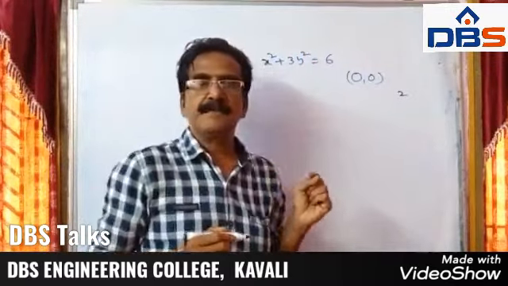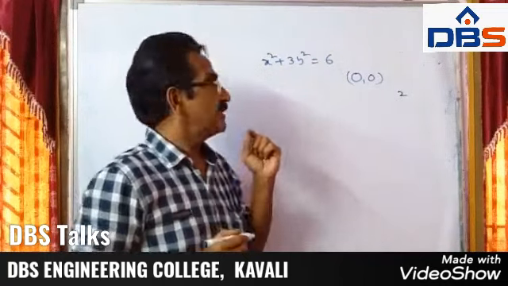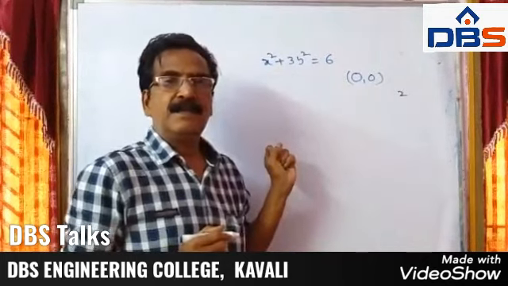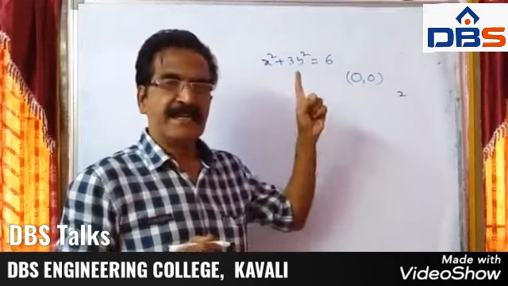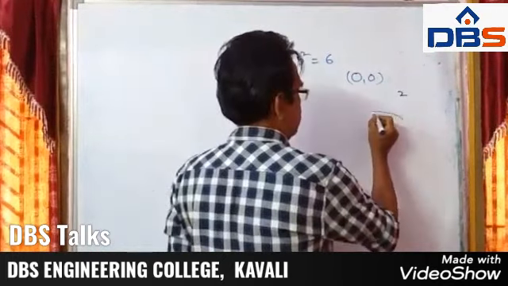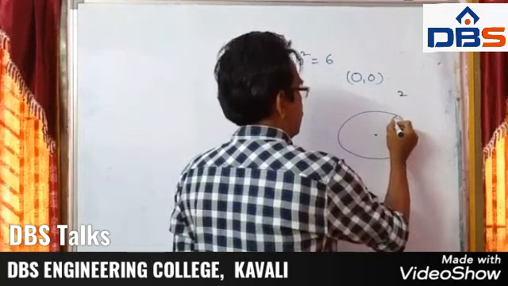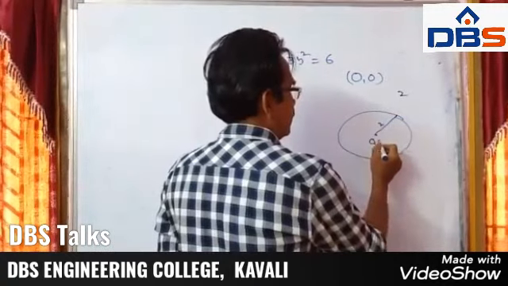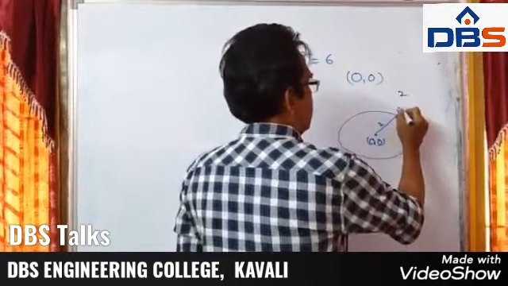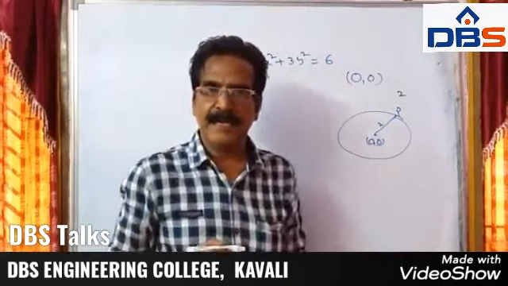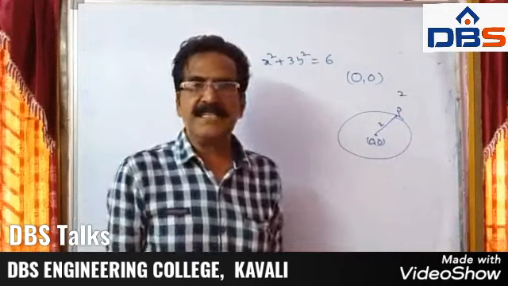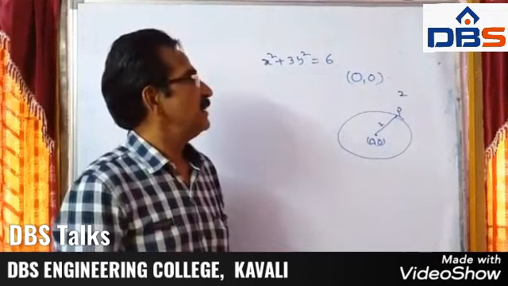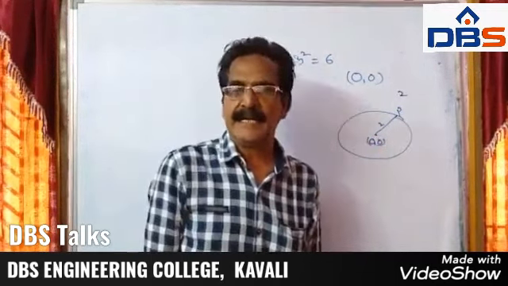See friends, the question is the distance from a point on this ellipse to the center is 2. Let P be any point on the ellipse, and the distance from P to the center is 2 units. Then what are the eccentric angles?